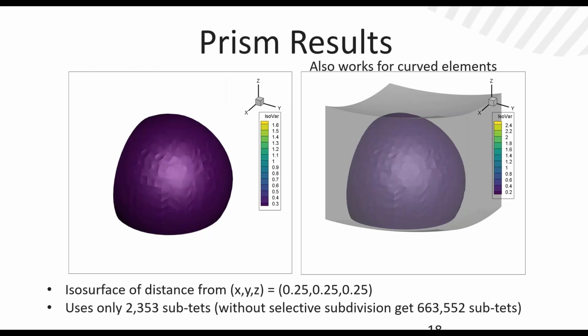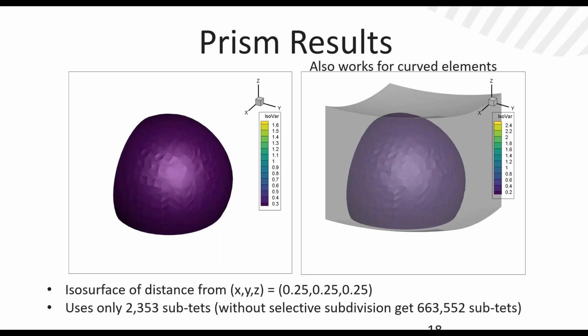This is an example result. And this is a case with prisms. And it's a simple function, which is just the distance from a point in space, as shown there. So it's a sphere. The exact isosurface would be a sphere.